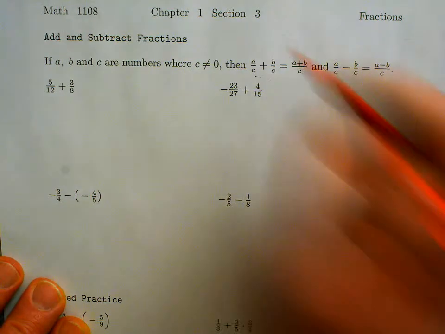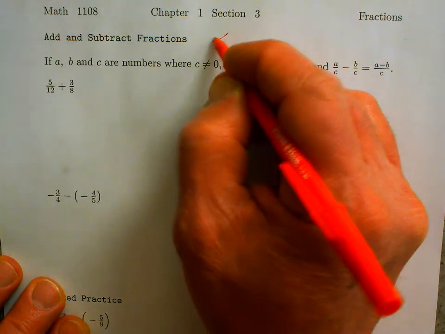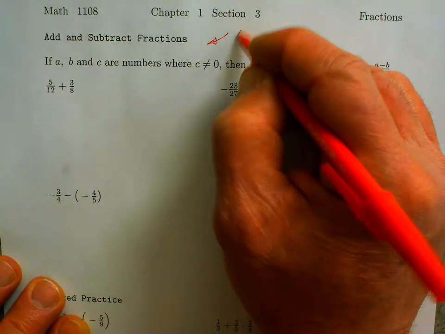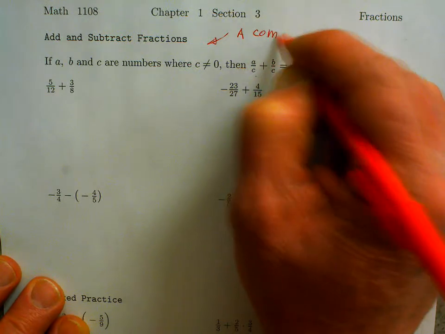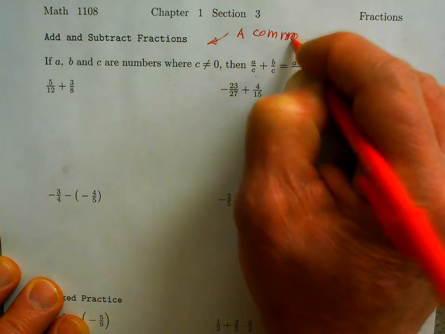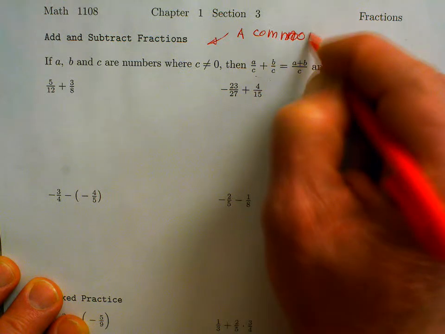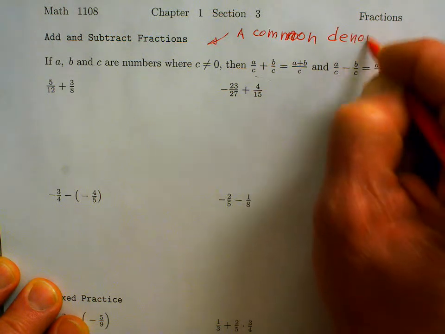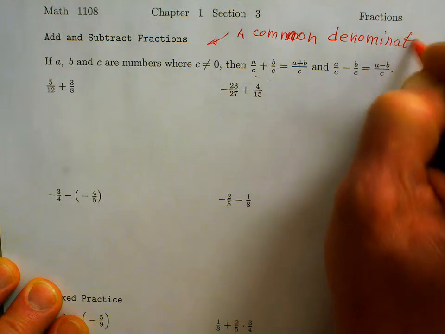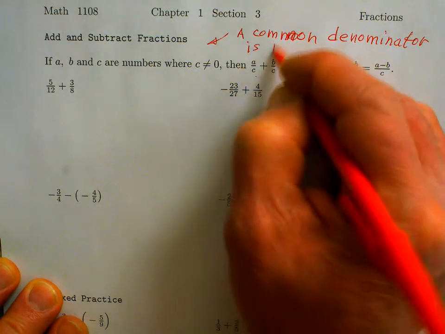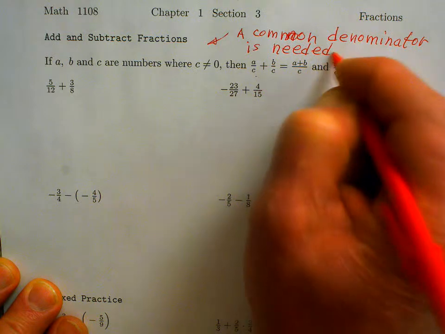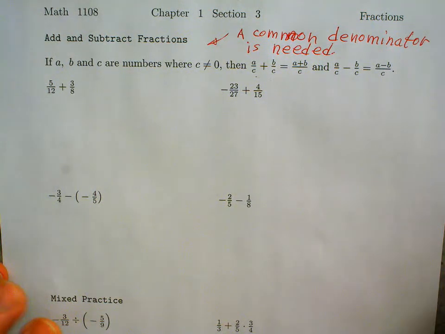An important thing about adding and subtracting fractions is a common denominator is needed. When multiplying and dividing, denominators don't have to be the same, but when you're adding and subtracting fractions, the denominators must be the same.